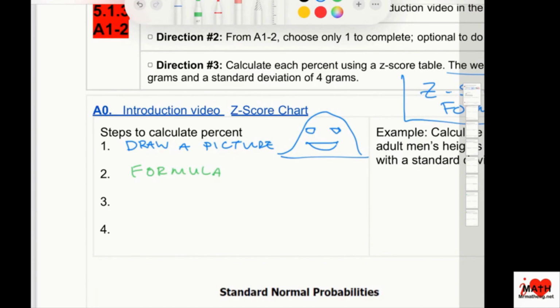Step number 3, we're going to go from a z-score, solving for z, to a percent. And this is where we would use our chart. Let's write that below. Use chart.